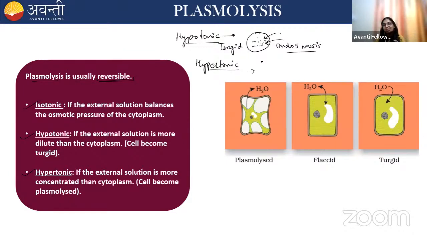That means there's less solute in the cell, right? If there's less solute, that means the water concentration would be high. So water will move out. So exosmosis will take place. And there's a shrinking of the protoplast of the cell. And because of that shrinking, the cell becomes plasmolysed.